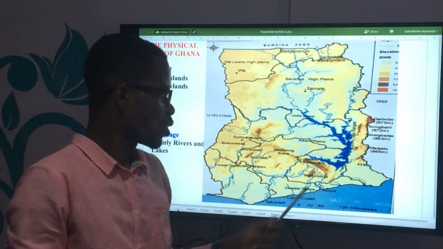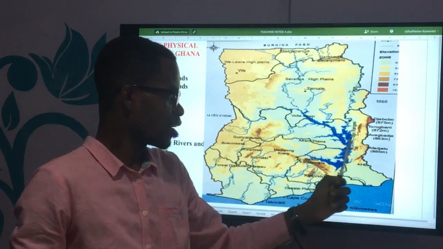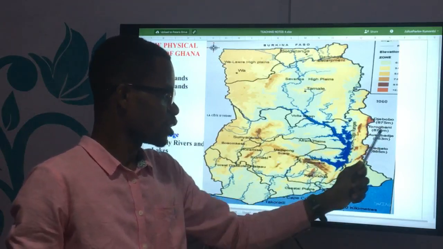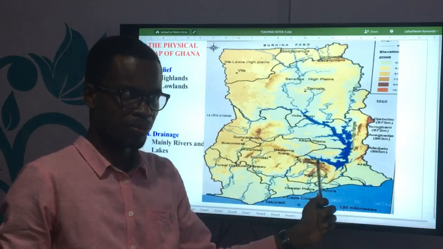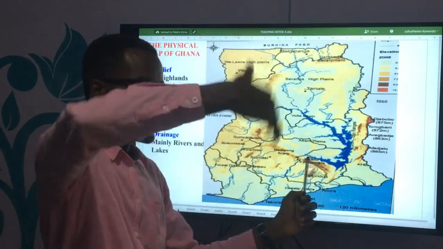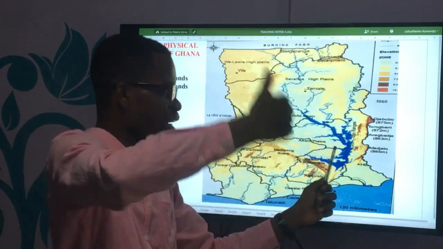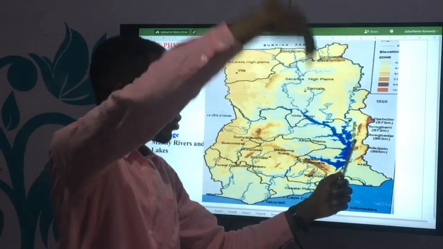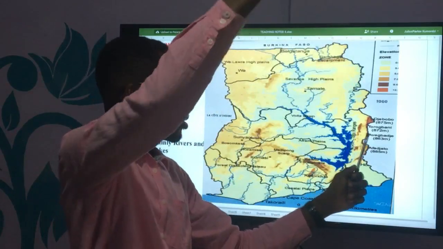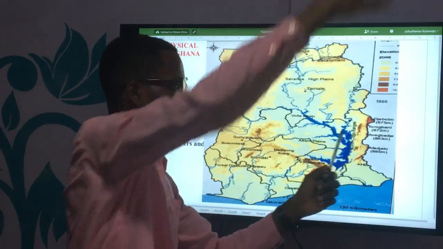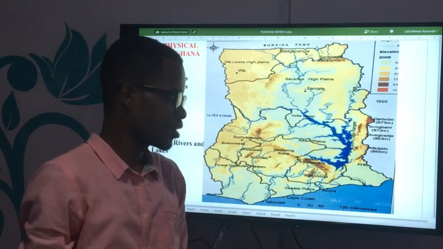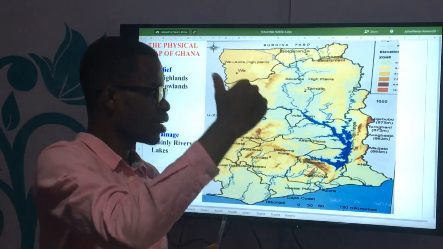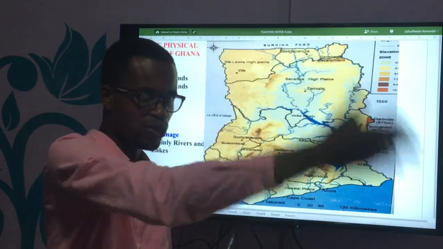So we look at this area, from this area to this area. So they are in the area of Ekwapim, and then they range from there and then continue to be in chains. Then we find them entering the border between Ghana and Togo.